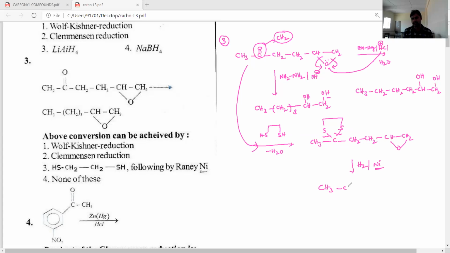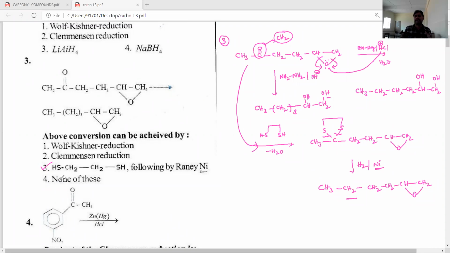Again, this is CH3, CH2, CH2, CH2, CH and CH2O. This cyclic ether cannot be disturbed, and the C=O group is converted into an alkane. So the suitable reagents are ethane dithiol followed by reduction in the presence of Raney nickel.